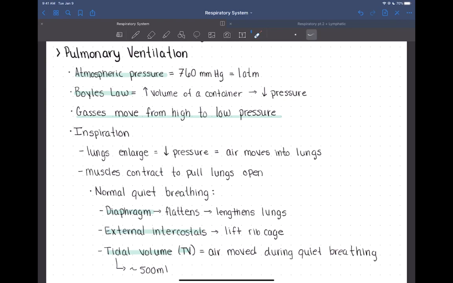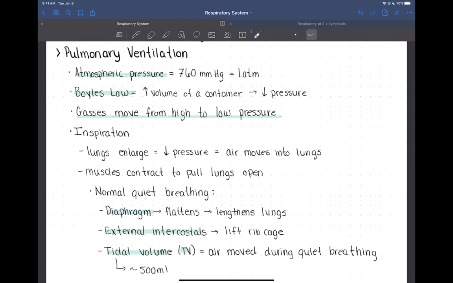Atmospheric pressure is 760 millimeters of mercury. That's referred to as 1 atmosphere. That's important to consider because according to Boyle's law, if you increase the volume of a container, the pressure of the gases in the container is going to decrease.